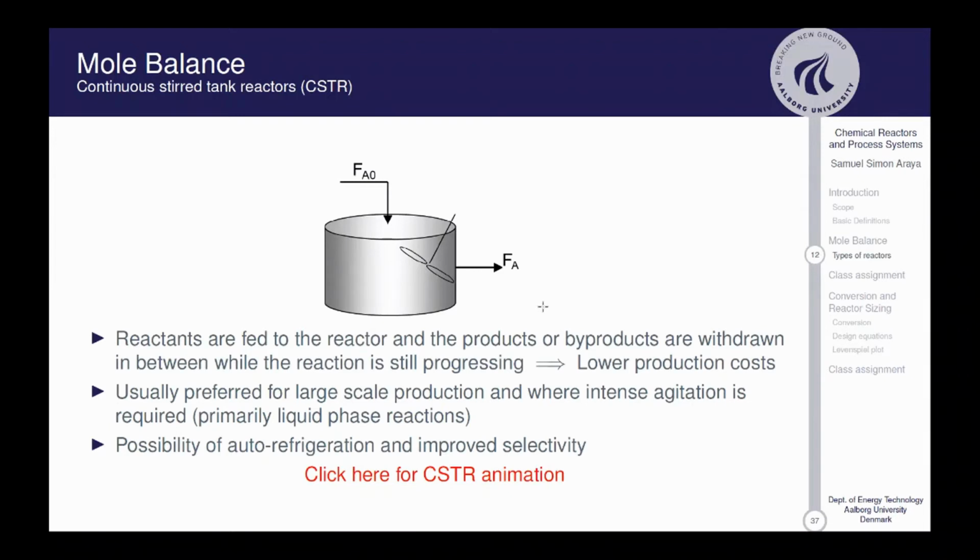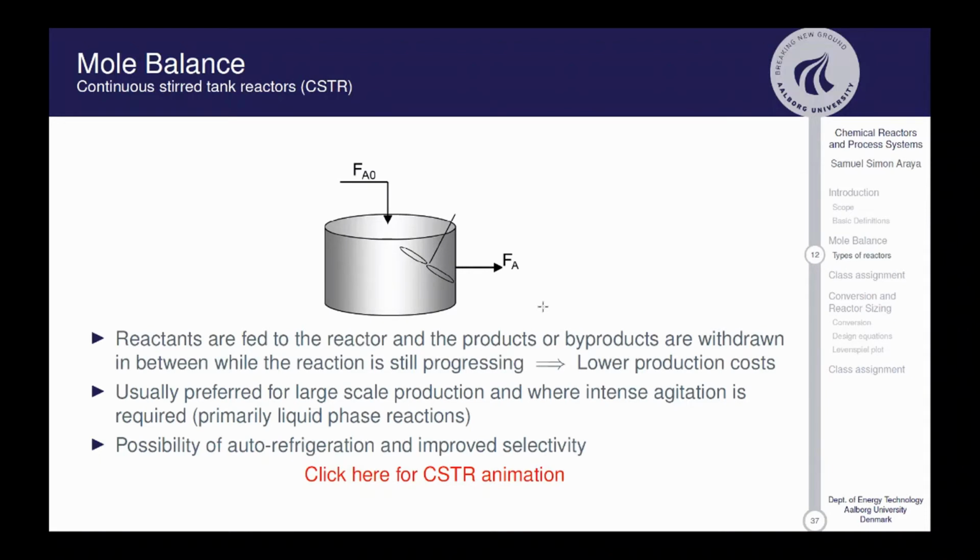So they're continuously fed and continuously removed. We can produce more compared to what we would do with a batch, because in a batch we wait. Here the reactants are fed and withdrawn while the reaction is still progressing. The costs are lower because we can continuously produce, and they're preferred for larger scale liquid phase reactions where intense agitation is required.